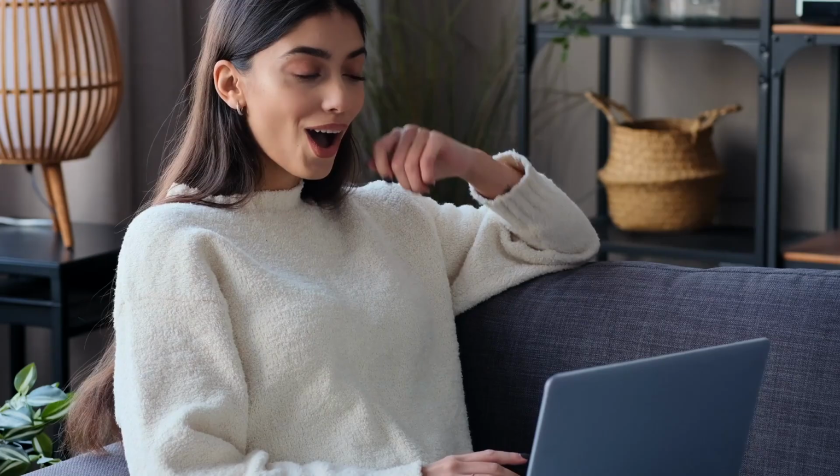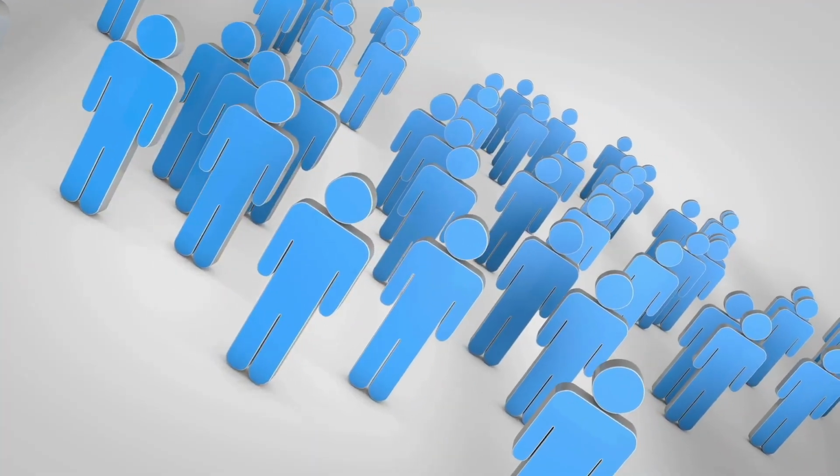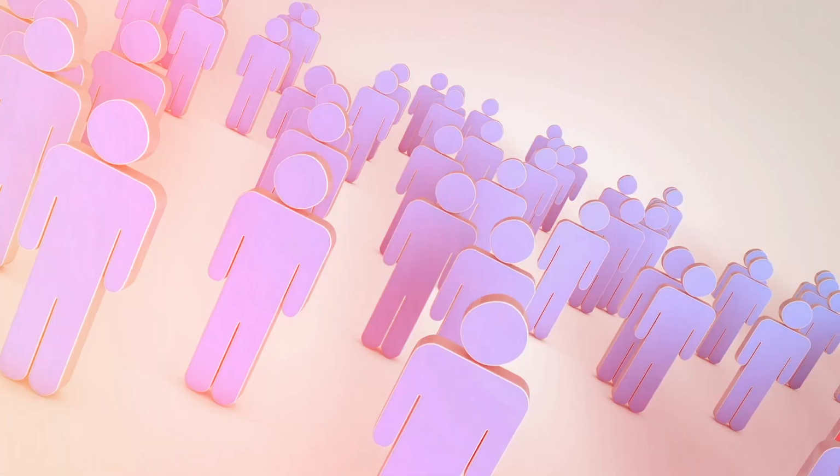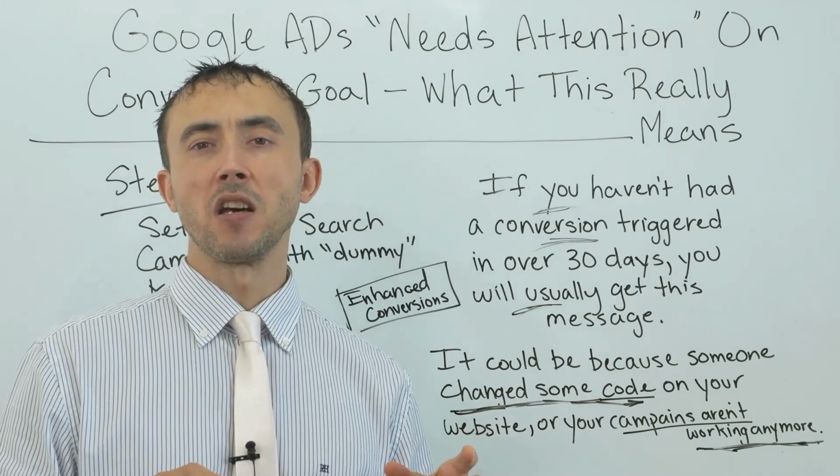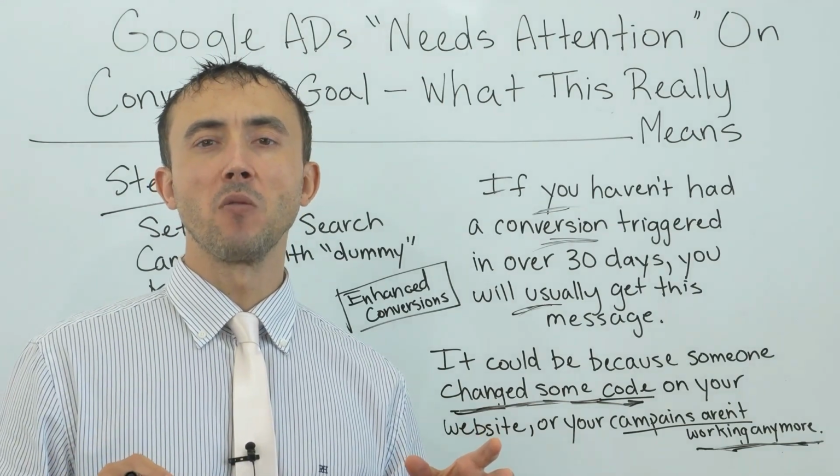You wouldn't be surprised just how often at our advertising firm, where we've worked with hundreds of clients managing their Google Ads accounts, their tracking breaks because somebody at the company modified the website code.